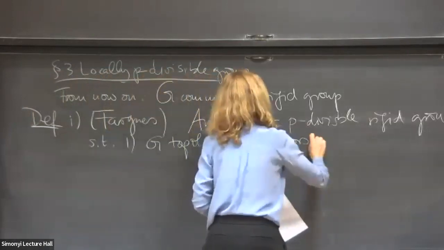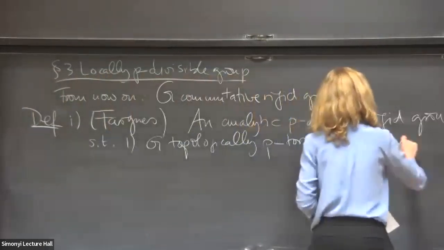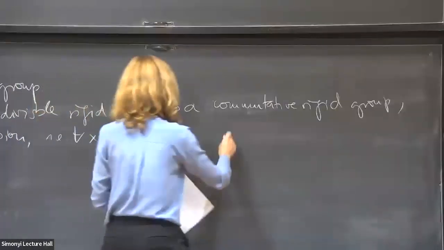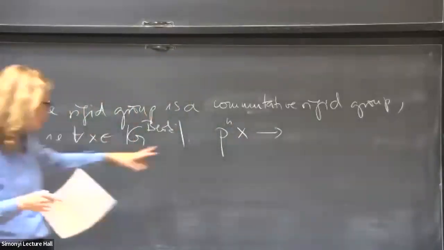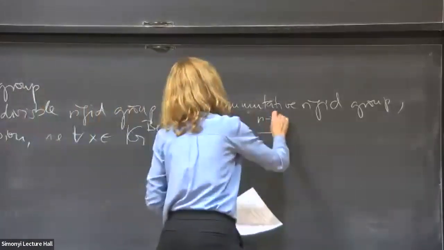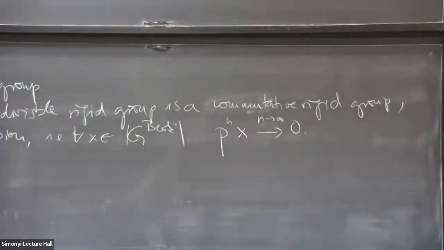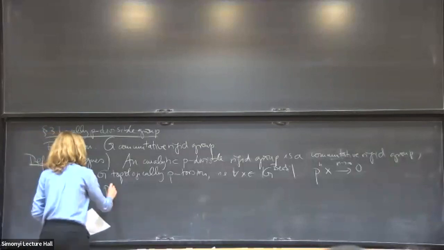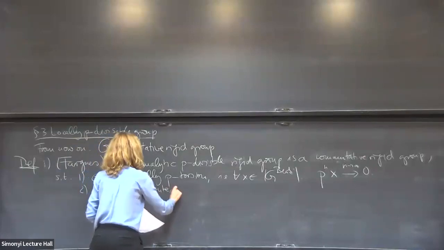This can be expressed in the most simple way: all points in the associated Berkovich space have the property that if we raise them to the p^n-th power, or here I write it additively, if we take p^n times x, this goes to 0. So topologically, they are p-torsion. And p-divisibility means the p multiplication map on G is finite and surjective.